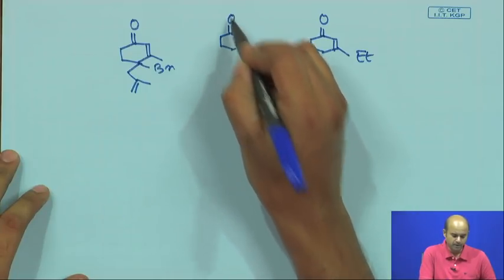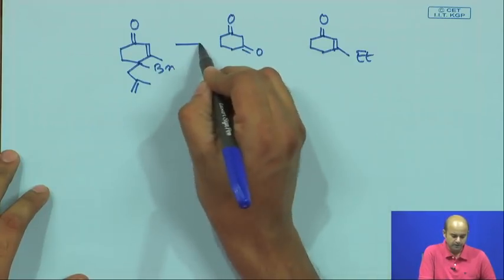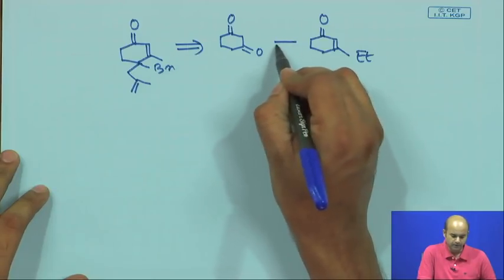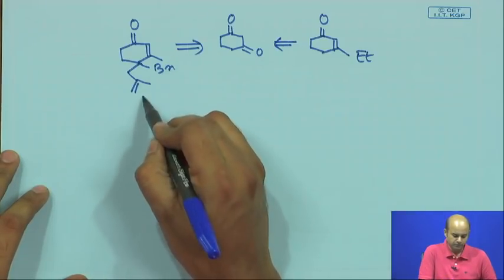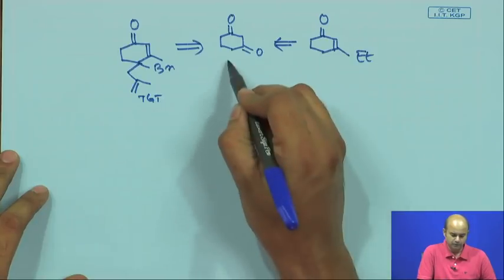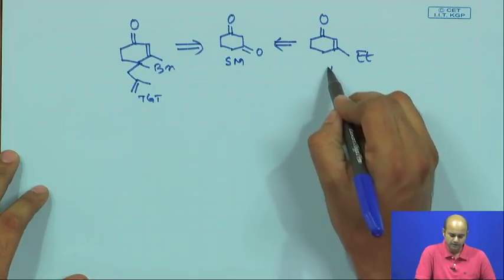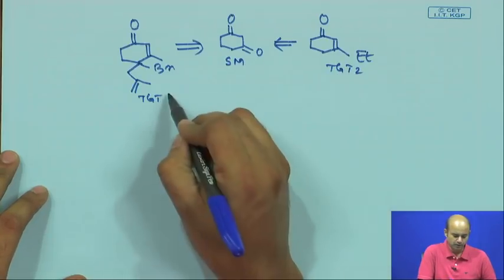You have to make these targets starting from cyclohexane 1,3-dione. So, this is your starting material, this is target 1, target 2.